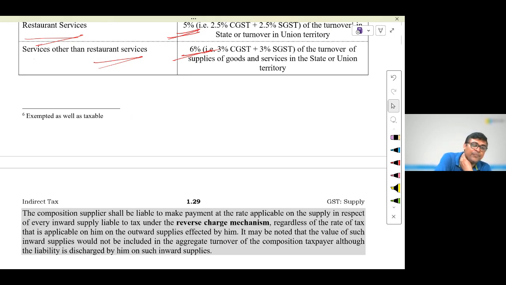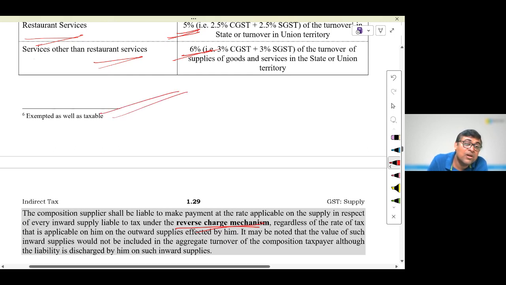Suppose you are buying any services or goods which are subject to GST under the reverse charge mechanism, you are supposed to pay tax on those, accordingly, as I am supposed to pay under reverse charge mechanism. This scheme is replacing your forward charge. This scheme is not replacing your reverse charge.